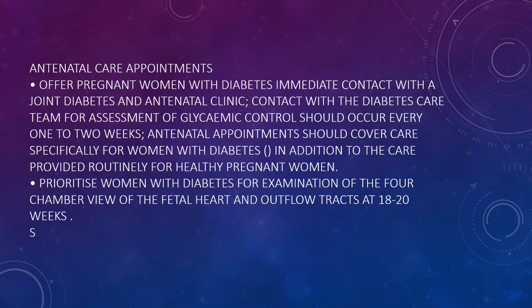The antenatal appointment should cover care specifically for women with diabetes, in addition to the care provided routinely for healthy pregnant women. The priorities with women with diabetes are examination of the four-chamber view of the fetal heart and looking out for any possibilities of congenital heart disease, especially between 18 and 20 weeks.